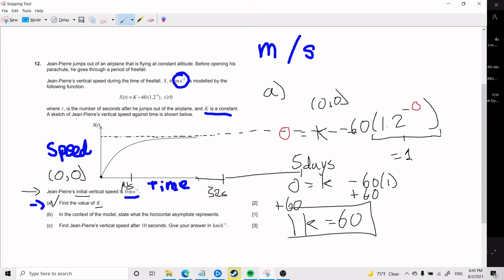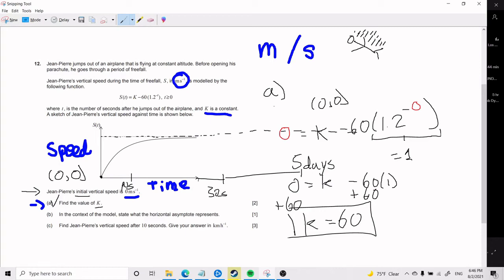The thing is, Jean-Pierre is going to be free falling for a good amount of time. And while he is falling from the sky, with his parachute, of course, but he hasn't deployed the parachute yet, he's going to reach a maximum speed, right? That depends on his weight, etc. But the point is, he will not get faster than that. And he's not going to slow down because he's still free falling, right?